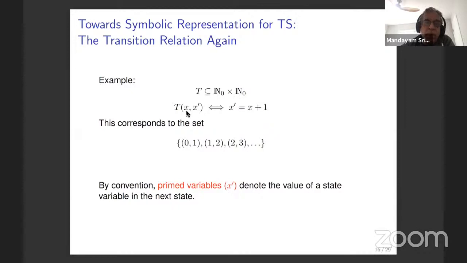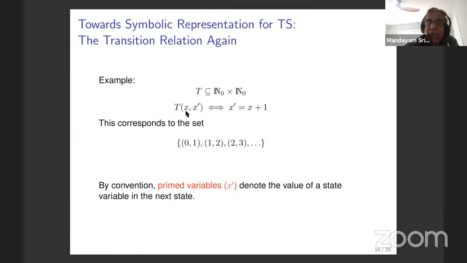The transition relation maps, in this case, I'm using one variable. If it's a program with a single assignment statement which increments x, the transition relation for that can be captured by this relationship.